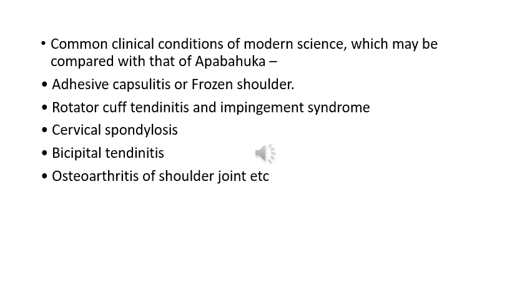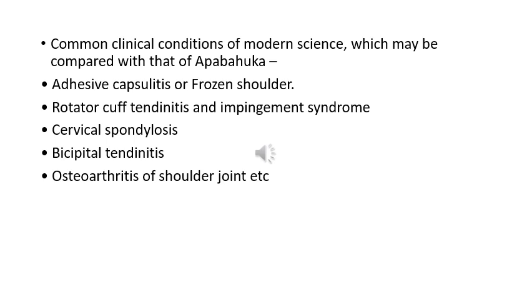I have explained a few important ones, the symptoms of which are similar to that of Apabahuka, that is adhesive capsulitis or frozen shoulder. Frozen shoulder is the layman term; adhesive capsulitis is the medical term. Then rotator cuff tendinitis or impingement syndrome, where the tendons are compressed.